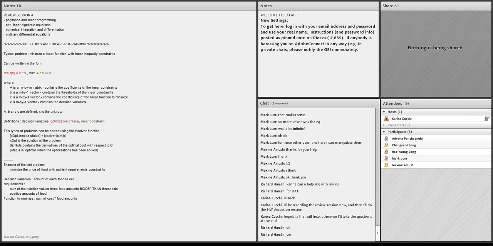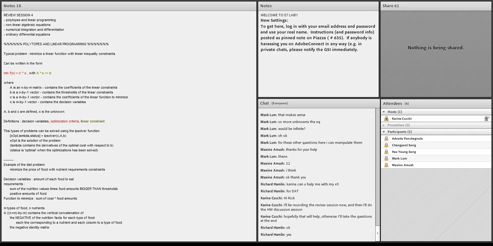So then you had to define A, B, and C. So you have M types of food and N nutrients. So A was a matrix of size n plus m by m, containing the vertical concatenation of two matrices.